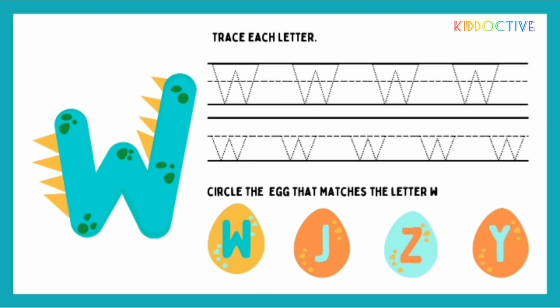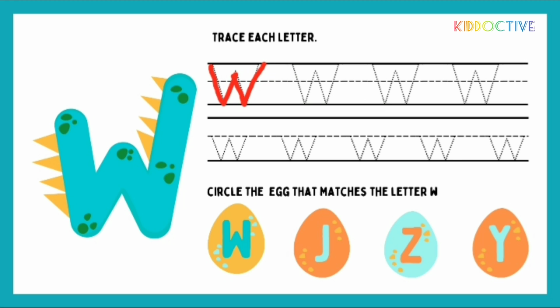Now comes letter W. W, capital letter W. Slanting line like this. Again. So this is letter W. Look and observe how I am going to write this. Are you watching this up to W?